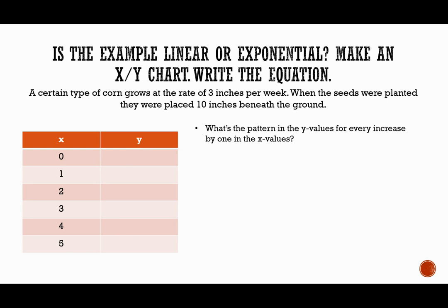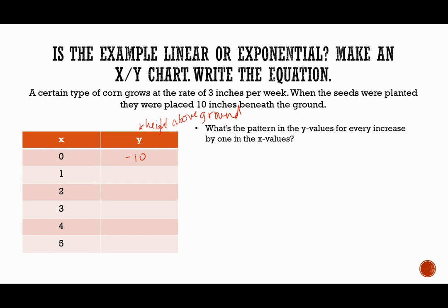So if we're talking 0, this is like height above ground. So height above ground is my y value. So if that's the case, then initially they are 10 inches below ground.